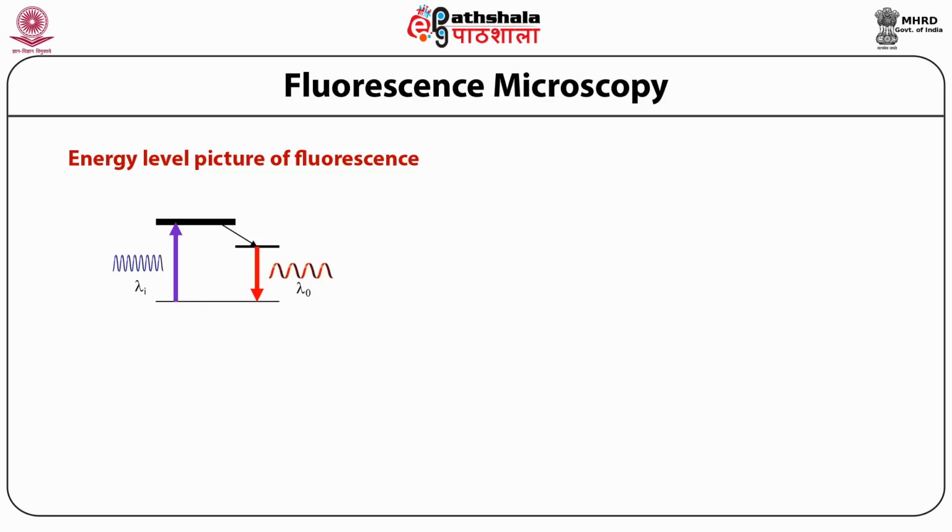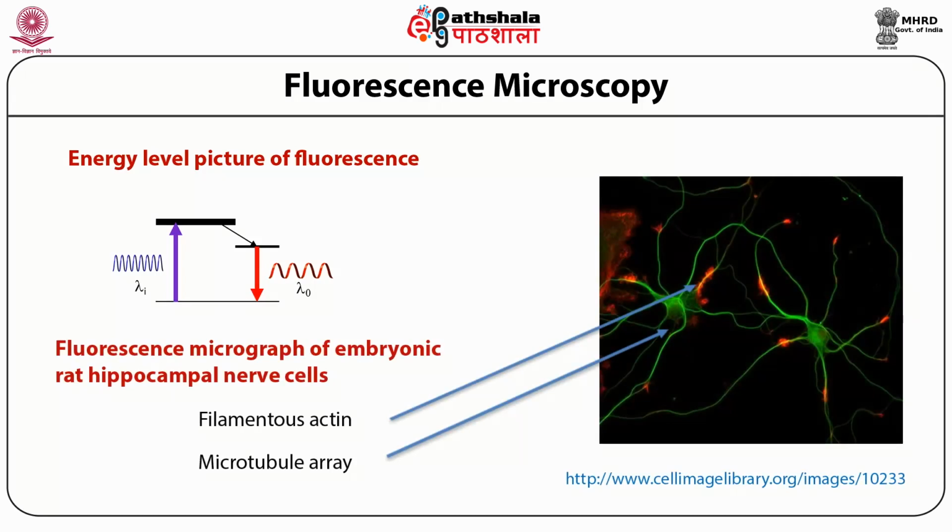And because the energy separation between this final state and the ground state is smaller than that between the initial two states participating in the excitation process, you get a wavelength which is larger, or photons having energy smaller than the incident photons. As an example here, a picture is shown where fluorescence microscopy was used to image embryonic rat hippocampal nerve cells.